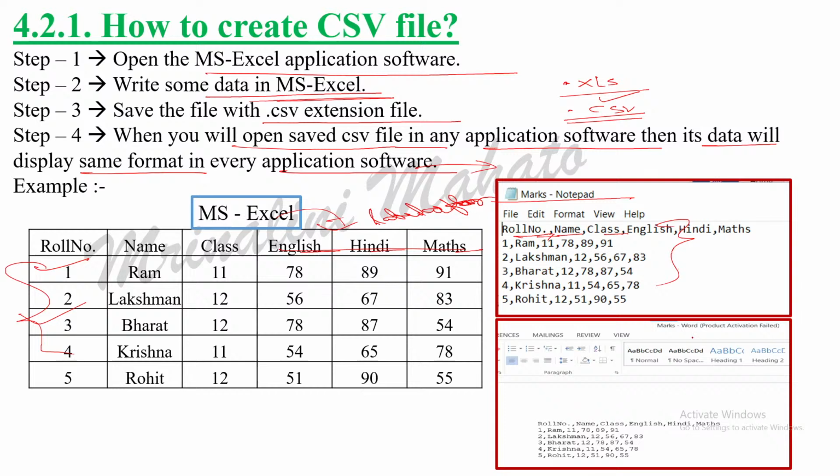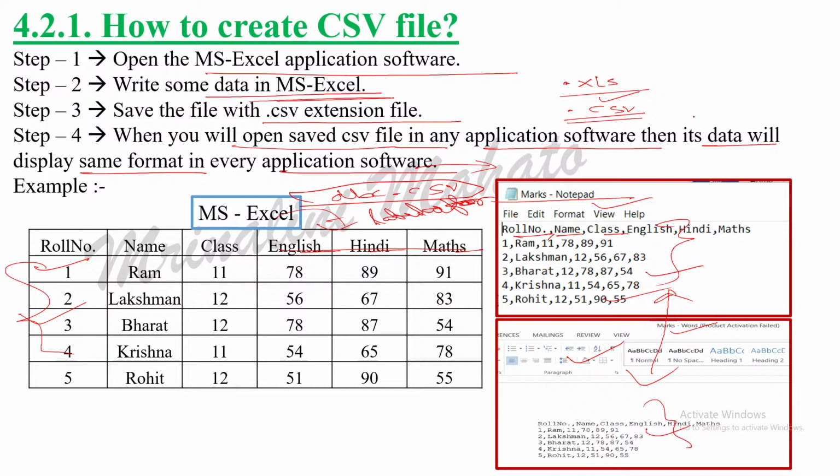If you open it in MS Word, then also it will be in the same format. Look at both, the format is the same. Clear? So in Notepad, WordPad, MS Word, Internet Explorer, everywhere you will get the data in the same format. So this is the benefit of CSV file.